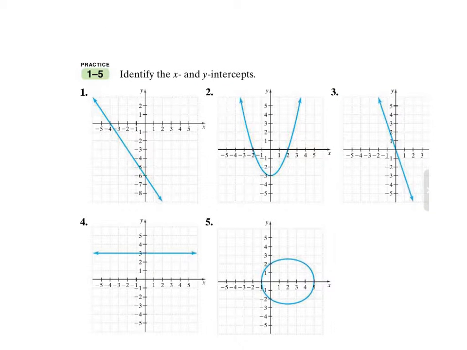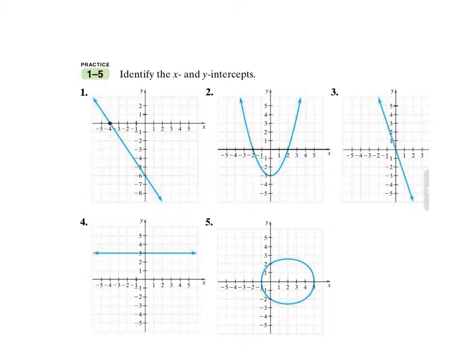Now here we want to identify the x and y intercepts when you're given a graph. We're looking at where the graph crosses the x-axis and the y-axis. You have to use both coordinates for every point that you're identifying. So let's look at the first graph, number 1. It's a line. We want to see where the line touches or crosses the x-axis.